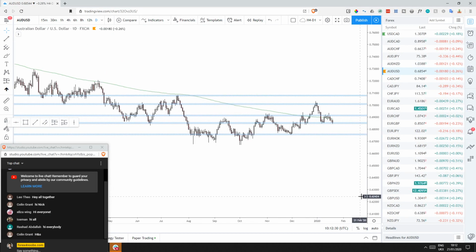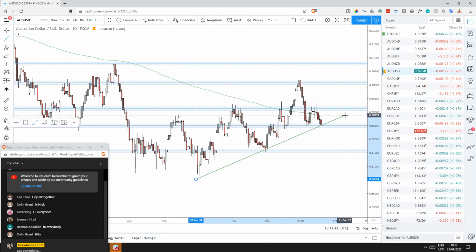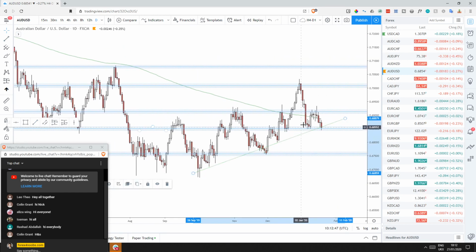But there are conflicting things here. This is one of these trades where there's a lot of conflicting data, so it's hard to know what price is going to do. That's why I'm prepared for multiple scenarios. There's a decent trend line.